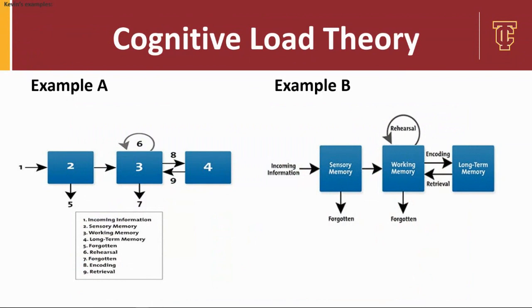Let's experience this. So you have a visual in front of you, and this visual explains cognitive load theory. Same information presented two different ways. So I want you to look closely at this example, these examples, and just think for a second, which example is easier to immediately understand?